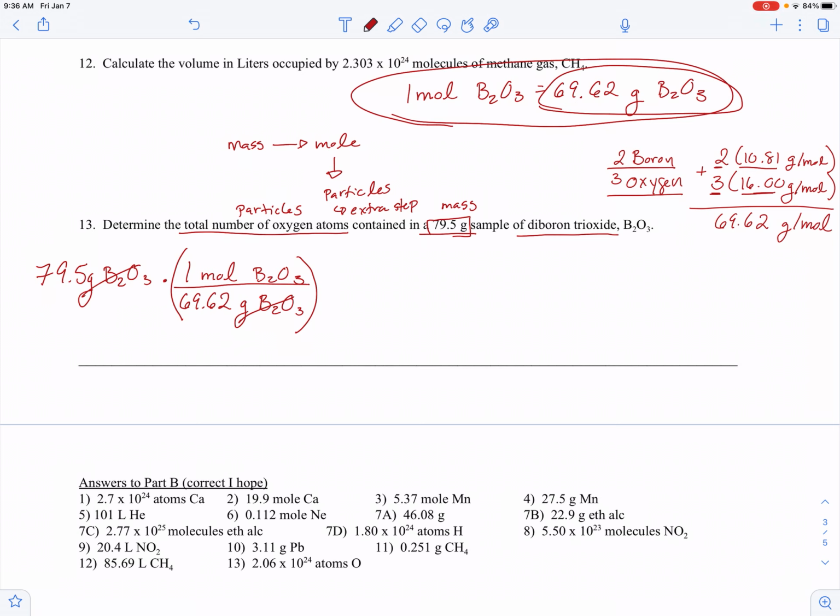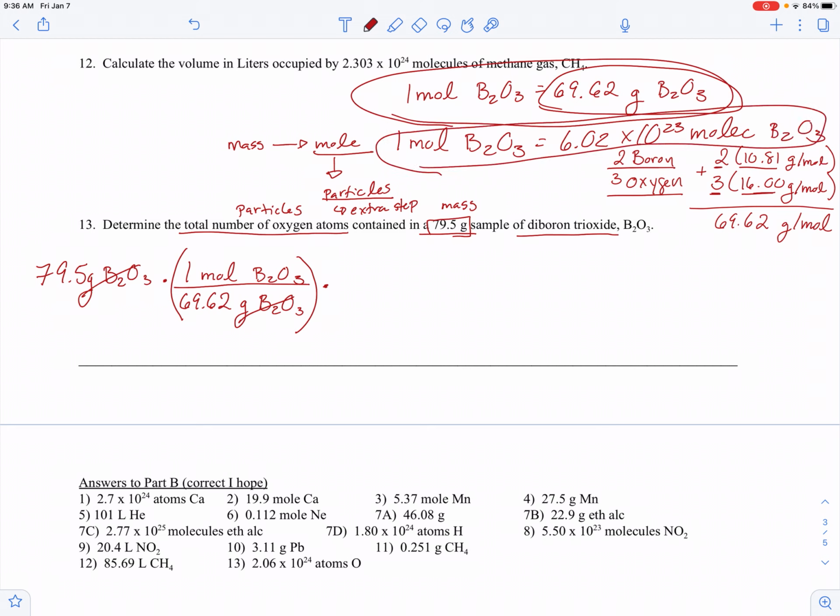I don't want to be in moles, I want to be in particles, so I'm going to do another step, and I know that every 1 mole of B2O3 is actually 6.02 times 10 to the 23 molecules of B2O3. So I'm going to use this as my second conversion factor.